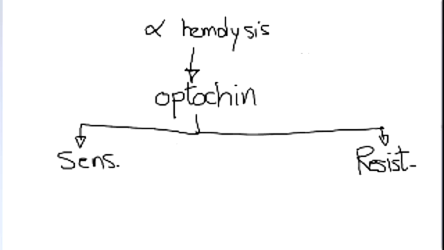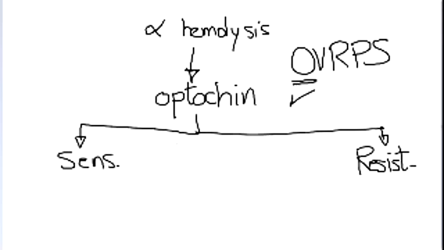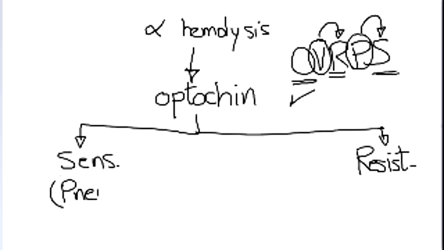According to the mnemonic of the RPS, O stands for optochin, V for viridans, so the viridans is resistant, and the pneumonia is sensitive. This is the mnemonic of the RPS that you should recall regarding the optochin sensitivity. So who is optochin sensitive? It's the Strep pneumoniae. Who is optochin resistant? It's the viridans streptococci.